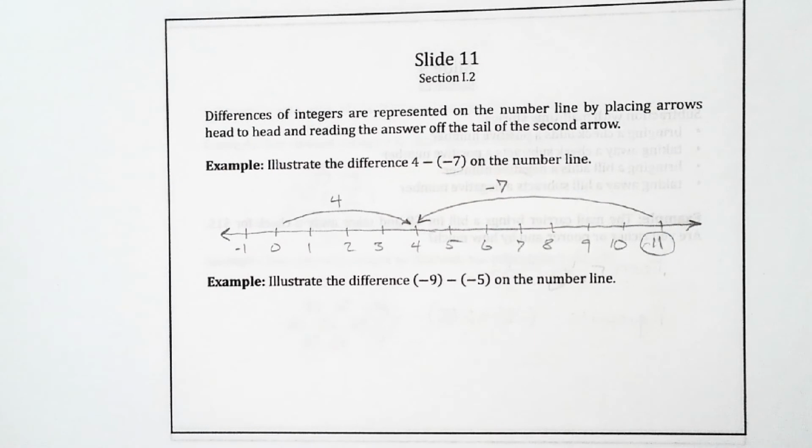Okay, if you'll go back and look at how subtraction with the number line worked for whole numbers, you'll see that we're doing the same thing that we were there. It's just that the numbers can be negative now. Okay, so let's also illustrate the difference, negative 9 minus negative 5 on the number line.